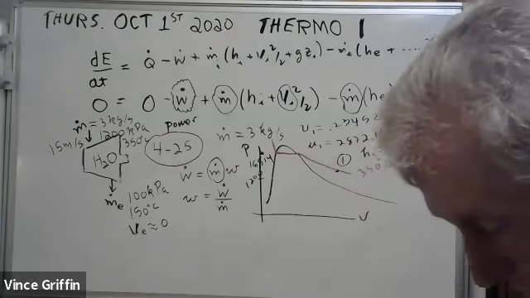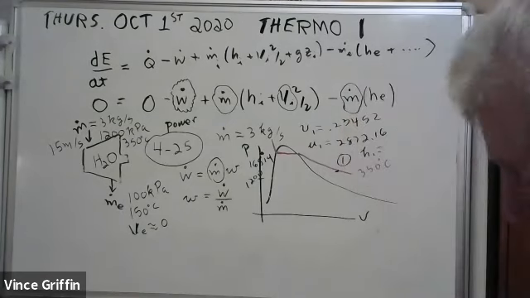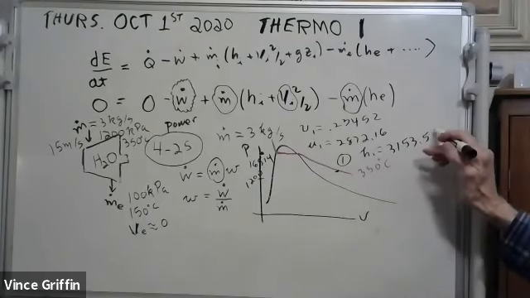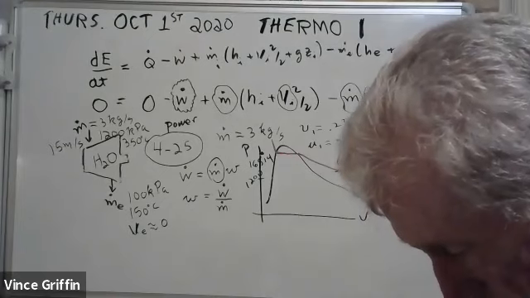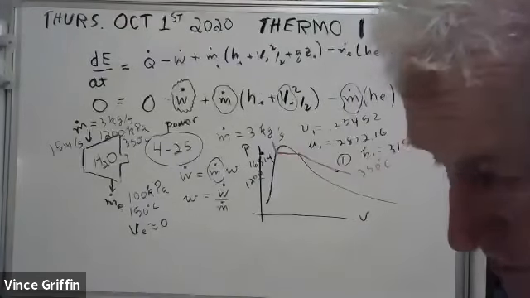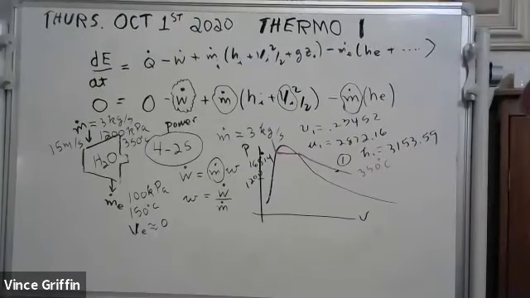Little h1 is equal to 3153.59. And little s1, well, we don't know what that is yet. That's a specific entropy, and we'll learn about it eventually.